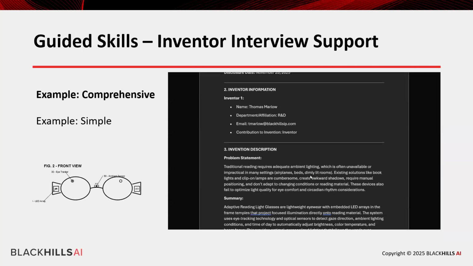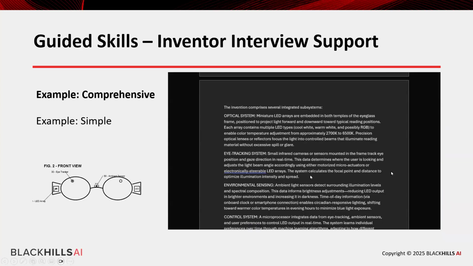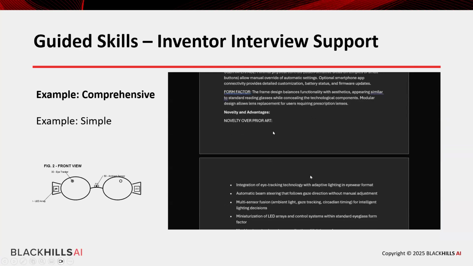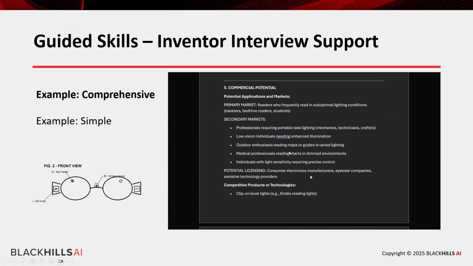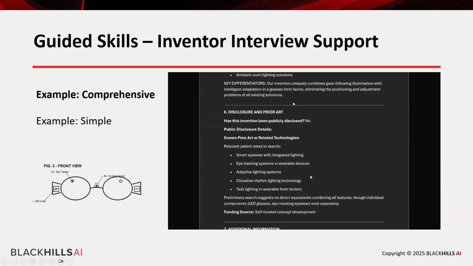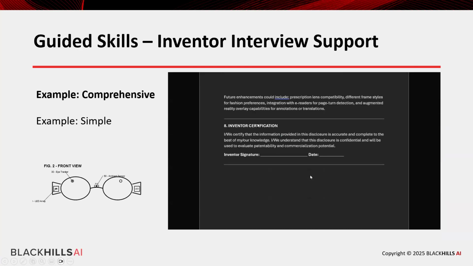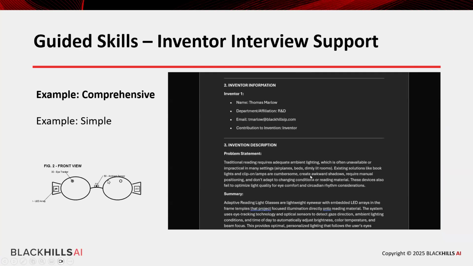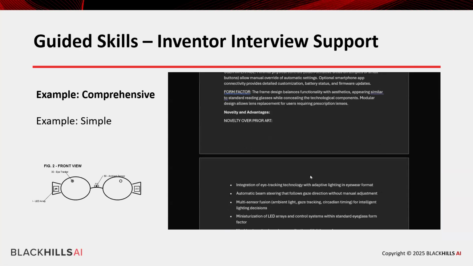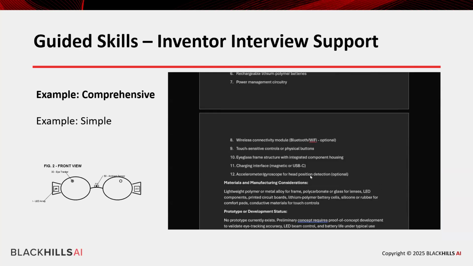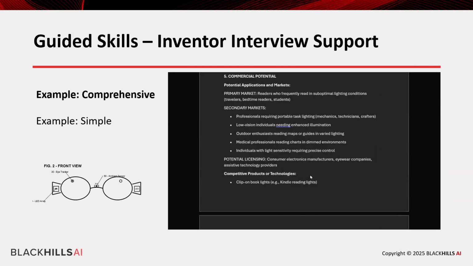So for the first one, here's just a quick preview of what that comprehensive invention disclosure will look like. The details aren't so important. I just wanted to give you a sense of how much data is involved, along with there being actual image-based figures that we're also going to add to the Otto IP tool as part of this process.